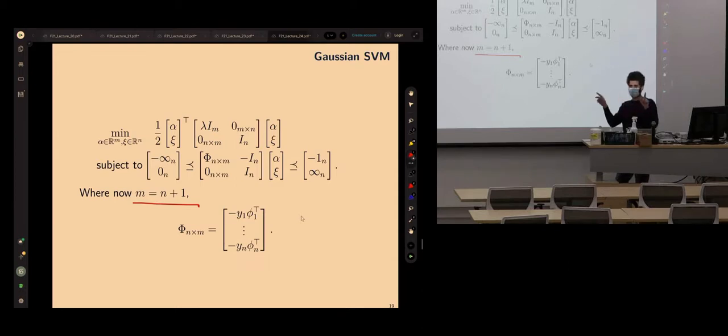That will give you a very long vector. So this phi is going to be n by m. You have n inputs, right? And for every input, you evaluate it with all other inputs. That will make it n by n. But also you pick a constant 1 basis as bias. That will make it n plus 1, right? So then phi is n times n plus 1.